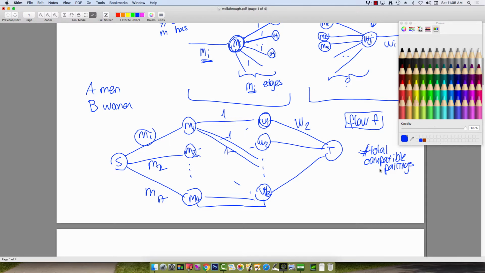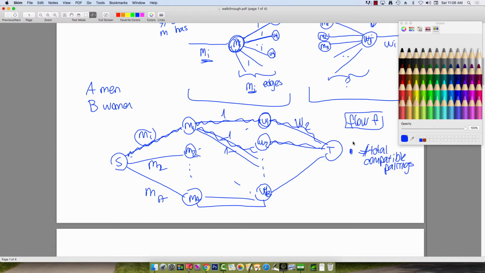And this doesn't necessarily mean that all of these pairings are possible, right? Because it can be the case that this man is compatible with this person, and both women want to accept it. So it is not necessarily true that all of these compatible pairings can happen at the same time. So do not think marriage algorithm right now.